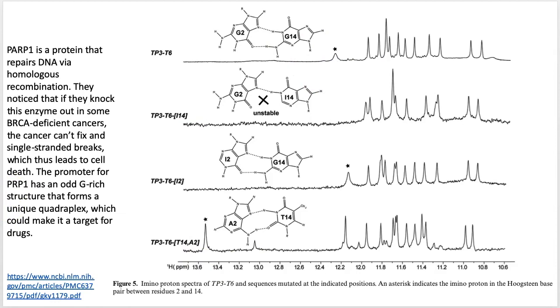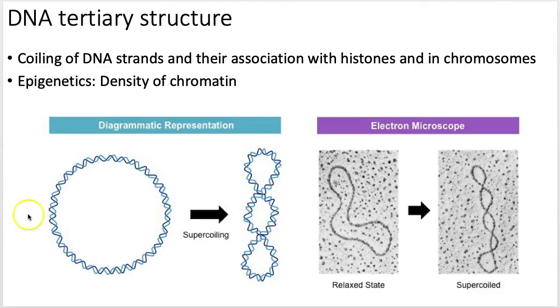It has to do with studying homologous recombination, which I will mention in a little while near the end of this presentation, and just how we actually fix DNA strand breaks and DNA mutations. It turns out if you have mutations in certain structures, they're either forming quadruplexes when they shouldn't, or they're not forming quadruplexes when they should, and that can be a problem or a good thing. And so being able to adjust that using different enzymes is important. So that's what that comes from. If you want to dig deeper, the link is there.